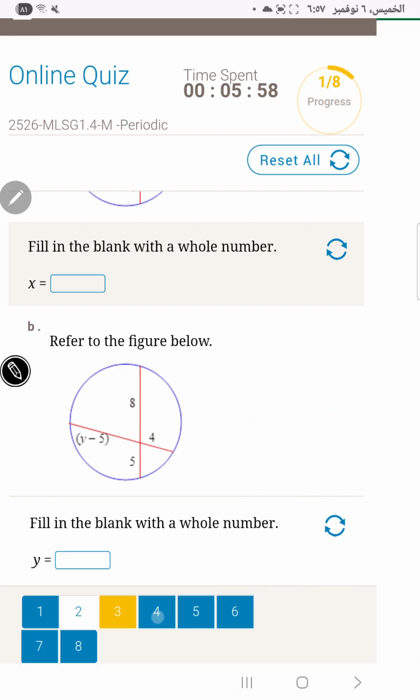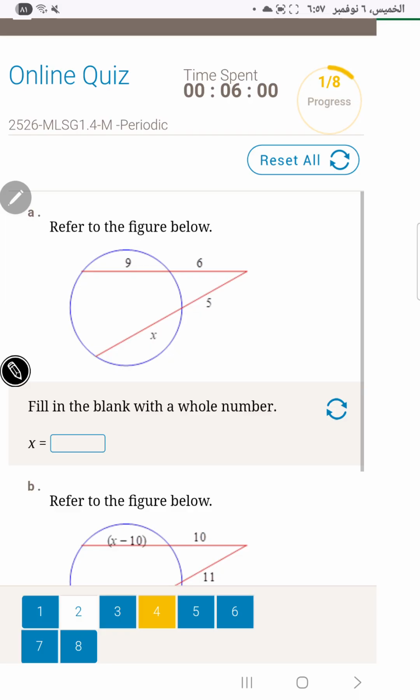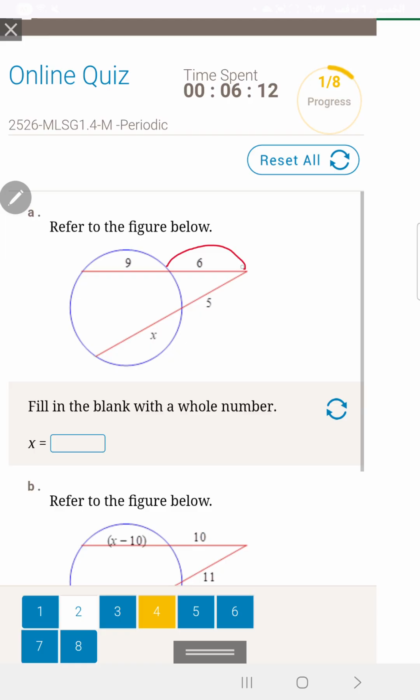Question number 4. Here you got the third theorem now. Third rule. Here you have two secants. So here we see the product of the external part of the first secant times the whole secant is equal to the product of the external part of the second secant times the whole secant. What does that mean?